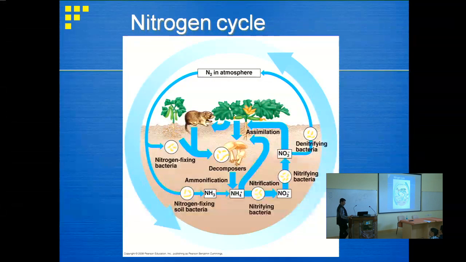They fix nitrogen selectively in the plant. This process is called assimilation of nitrogen. As soon as this assimilation happens, in the form of nitrate, there are other processes which destroy it. There are denitrifying bacteria. We denitrify this and put it back into the atmosphere.